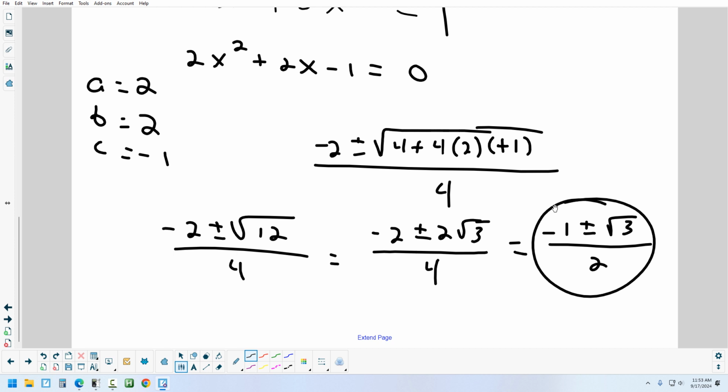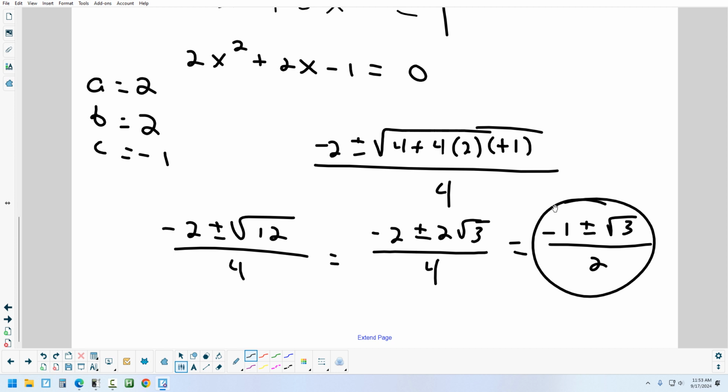They didn't say to round it, so I'm not going to worry about any kind of decimals. And that's the other method that you can use to solve a quadratic when it doesn't factor. Because of the answers that I got here, I can tell you that this is not going to factor with nice numbers. I mean, technically, everything is factorable.